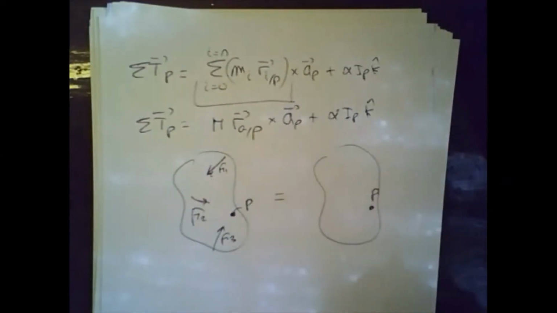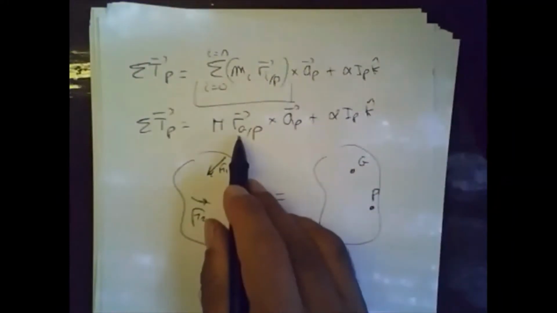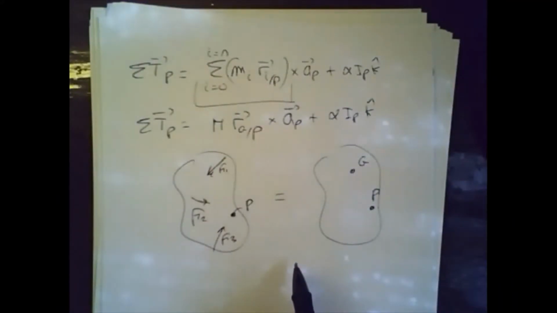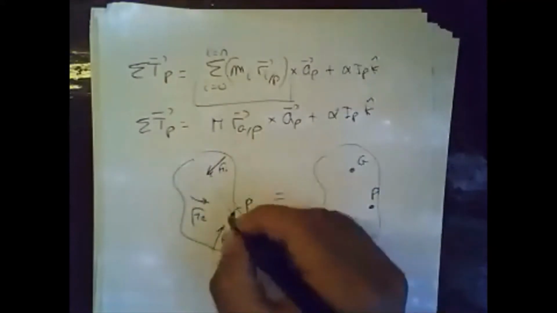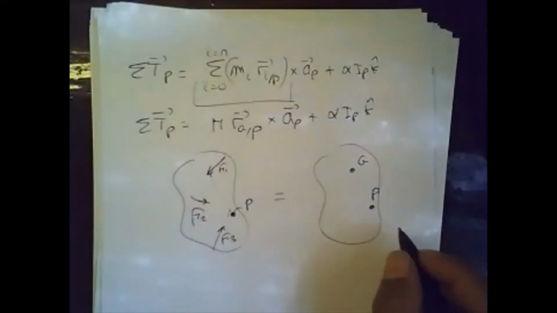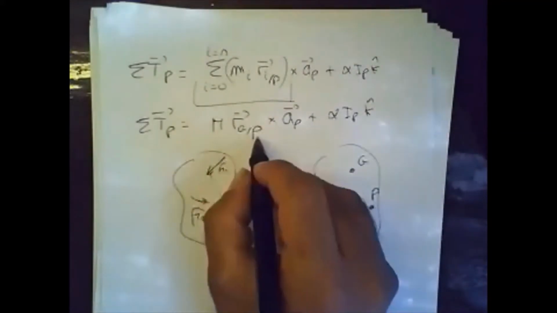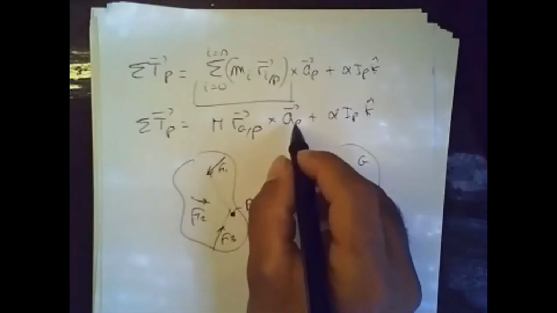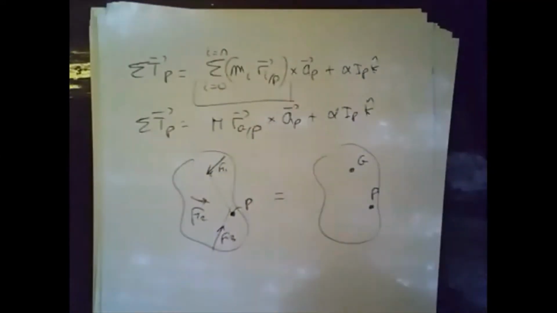And I also need to know where the center of gravity is, because I'm using that. And essentially, the sum of the torques about this point, if I'm doing all the moment arms of all these forces, is M r_G cross a_P. So this M can go here.